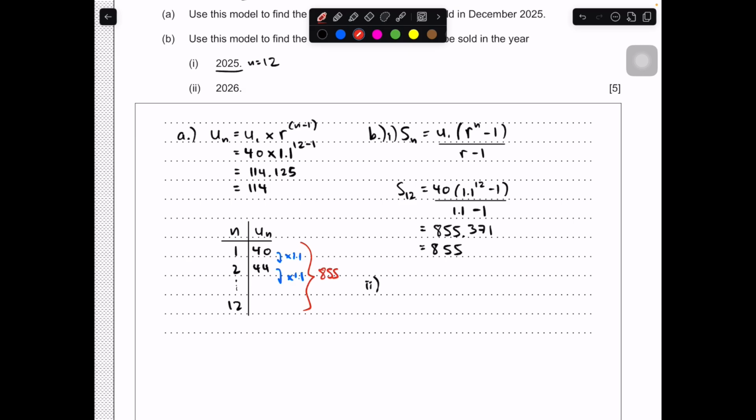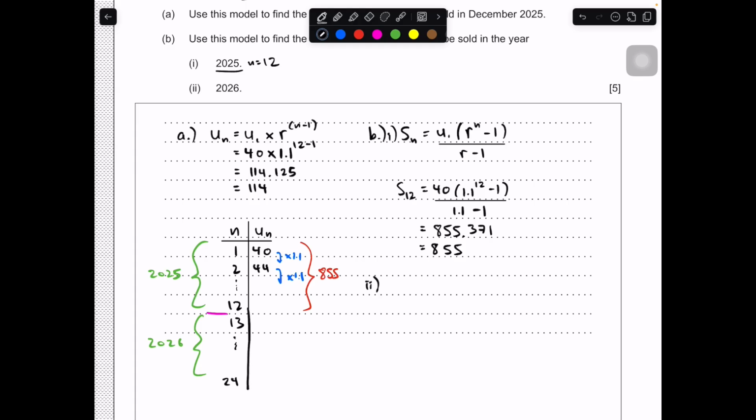And the question is, what about 2026? Everything before here is 2025. Anything after here is going to be 2026. And 2026 would go up to the 13th month, all the way up to the 24th month.